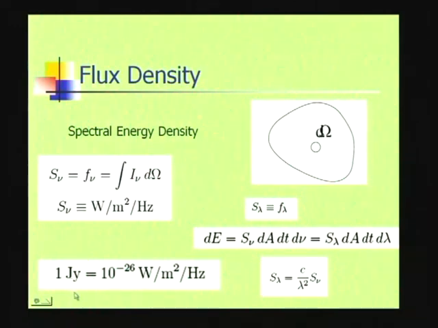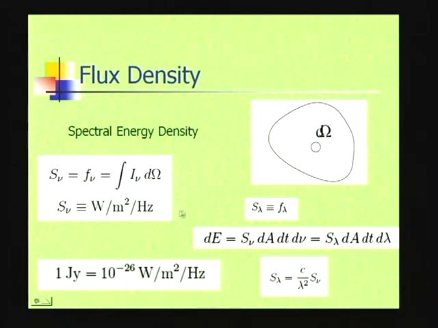Okay. So, this is the unit used for this flux. It tells us the amount of energy in an interval of frequency delta nu coming per unit time per unit area. Area refers to that of my detector.